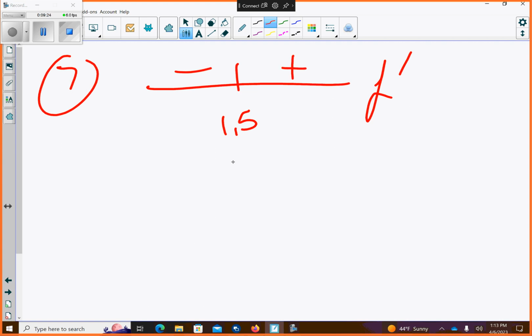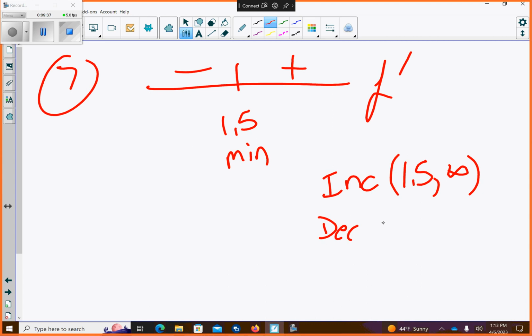So this refers to this as being a min. And then intervals where it's increasing. So it's increasing from 1.5 to infinity, decreasing from negative infinity to 1.5. Do we have a max or min? We have a min. And we have it. Cool.